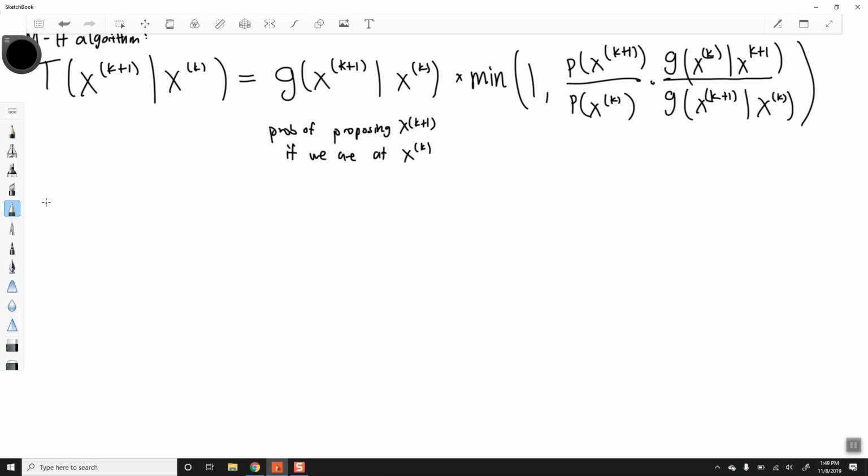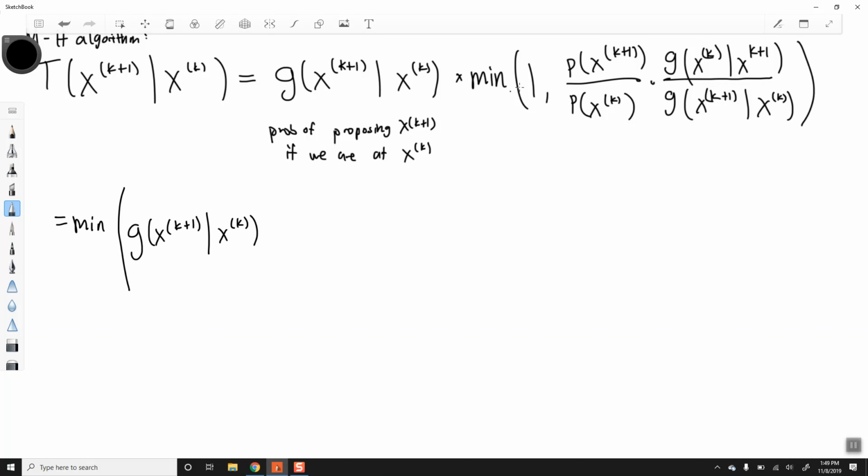So we're going to say this transition probability is equal to the minimum of g of x k plus 1 given x super k.